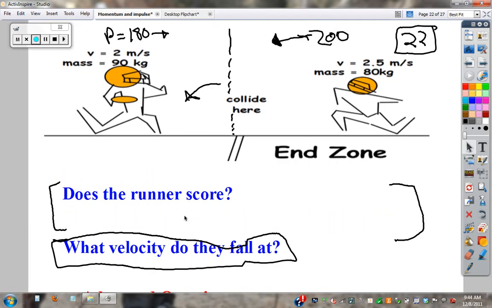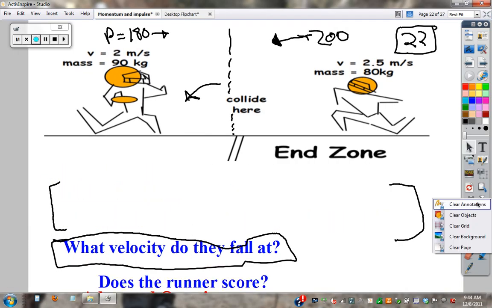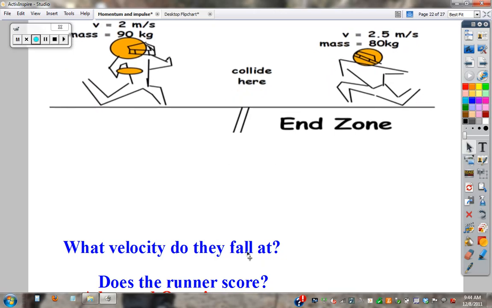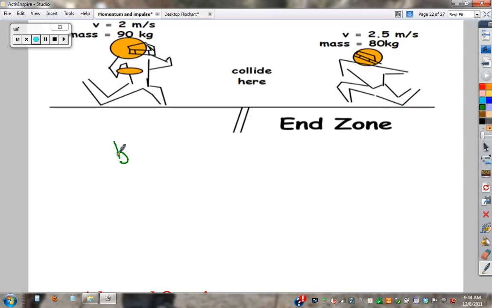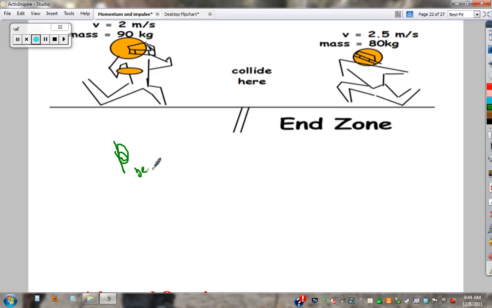Okay, let's answer this velocity question. I'm going to get rid of all this stuff. We need to start with this. Follow along with me. I know that momentum before equals momentum after. So, what's my momentum before?